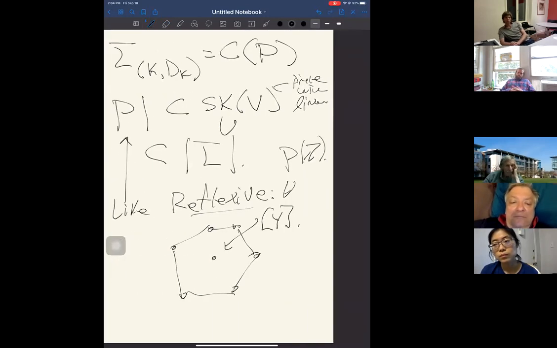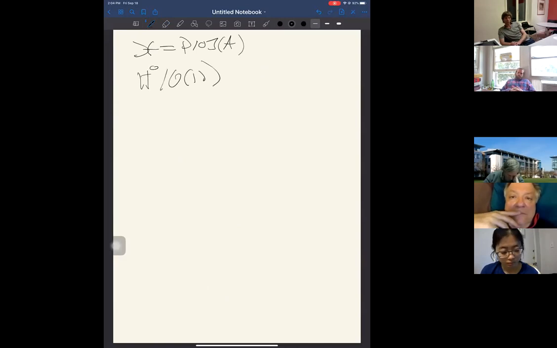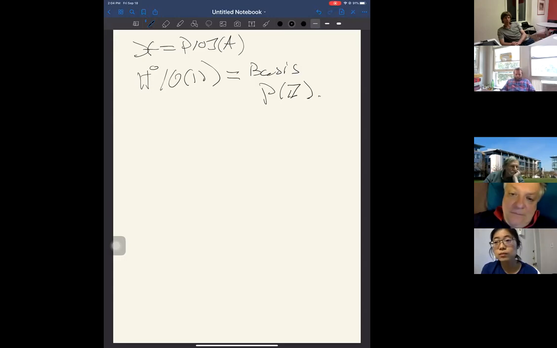Okay, so I was telling you how we do this thing. What was X again? X was Proj of A. H^0 of O(1) has this theta function basis. Just by construction, it will have a basis given by the integer points of this polytope, just like in the toric case. And I want to give this guy a boundary.